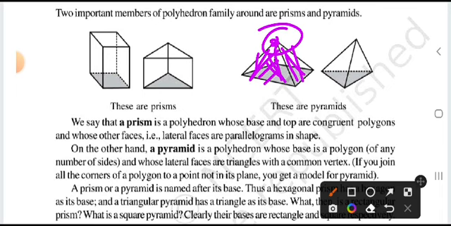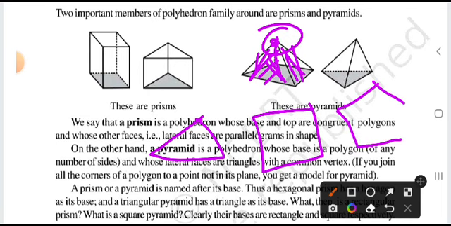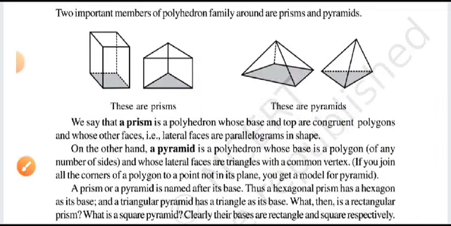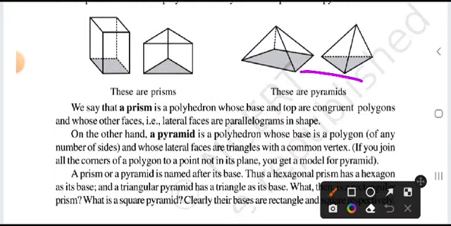From this base all the edges will come and they will meet at a single vertex, so that the side faces will be triangles. Okay, side faces will be triangles. So when we get this kind of solid object, we will call that a pyramid.